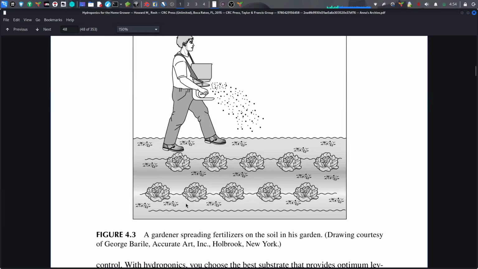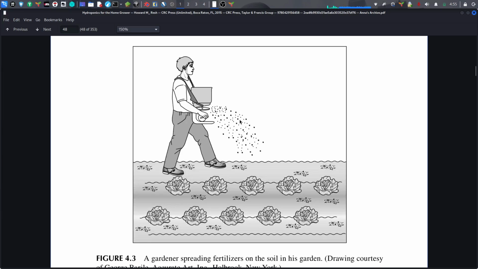Check this. A gardener spreading fertilizers on the soil in his garden. Fertilizers or nutrients, special molecules, they roll to the soil.